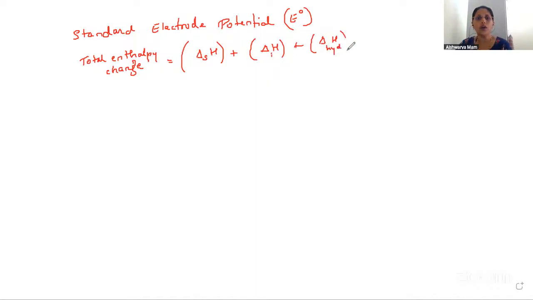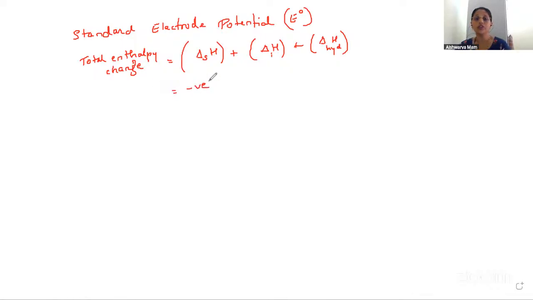So what is this total enthalpy change? It is the sum of enthalpy of sublimation, ionization enthalpy, and enthalpy of hydration. So if the sum of these three terms is less than the enthalpy of hydration, then the total energy change will be negative.